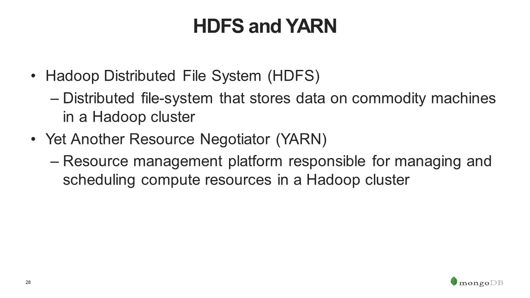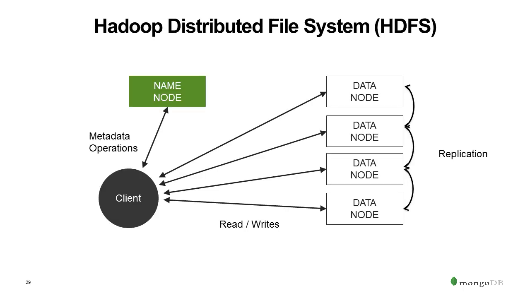So in my Hadoop cluster, if I actually look at the architecture, let's examine HDFS. I am a client, and I wish to read and write data to HDFS system. This is going to be a huge amount of data, so it's likely that I'm going to need more than one data node. I need a cluster of data nodes to put my data on.